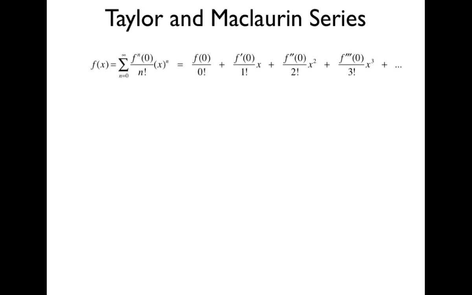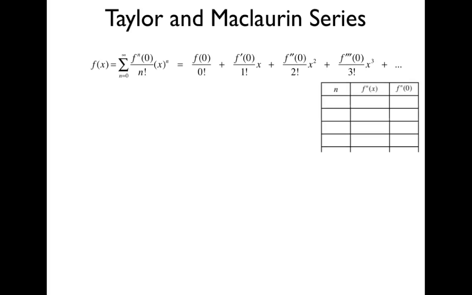Okay, so this is then the Maclaurin series. It's the Taylor series when the center is 0, or a equals 0. Okay, so we're going to do a real easy one here. Maclaurin series for y equals e to the x.